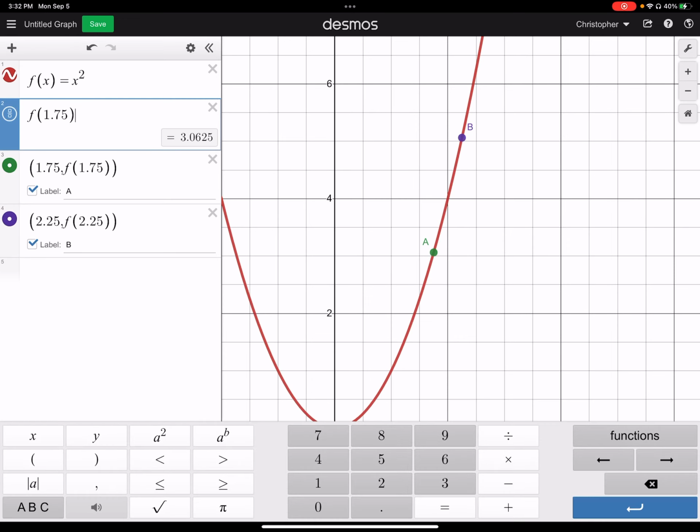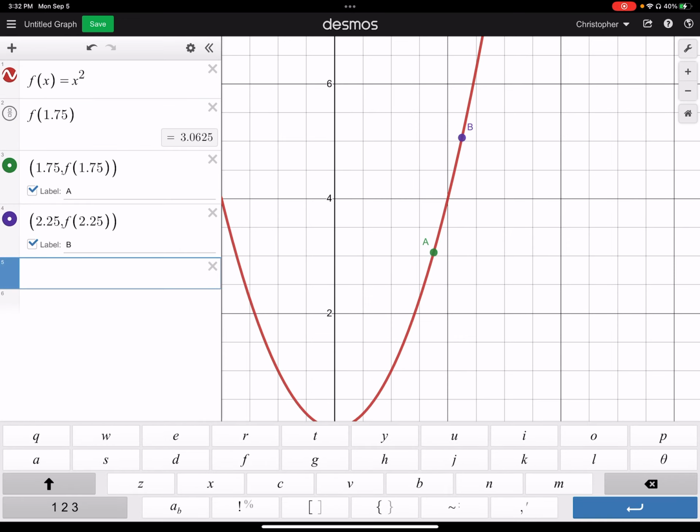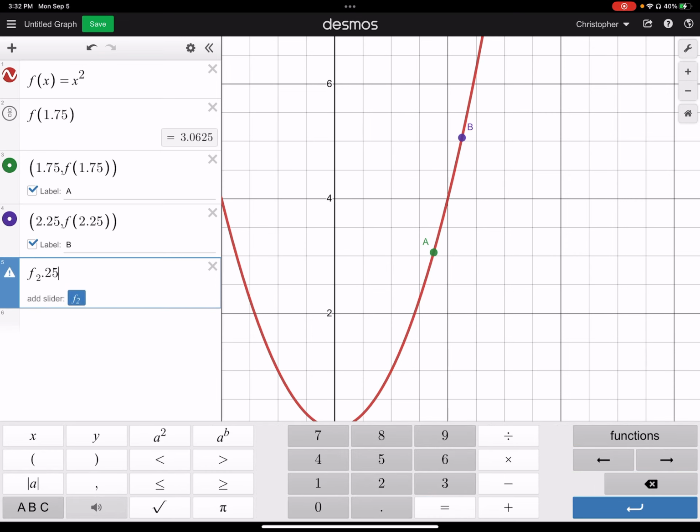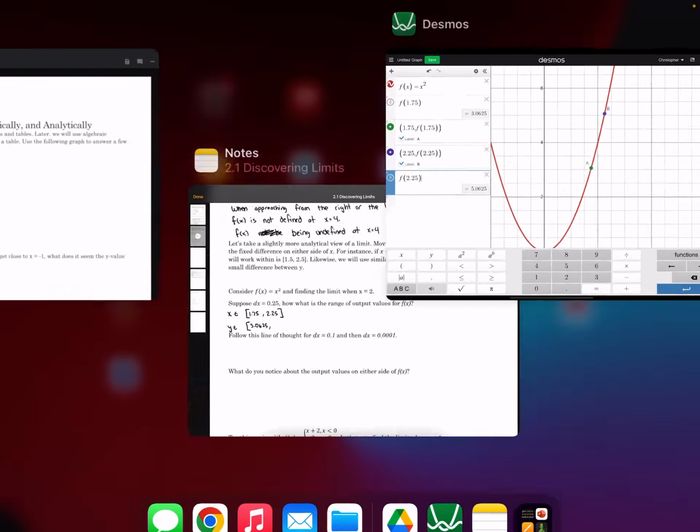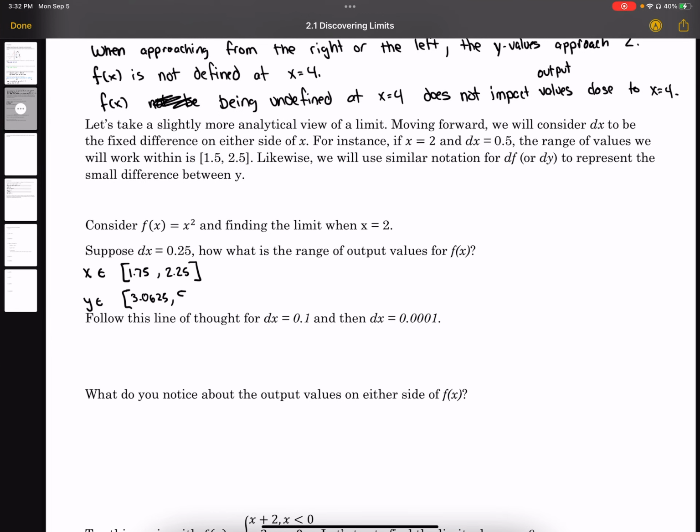We actually need the value of f of 2.25, and that's 5.0625. So that's the range of our output values. They're somewhere between 3.0625 and 5.0625.